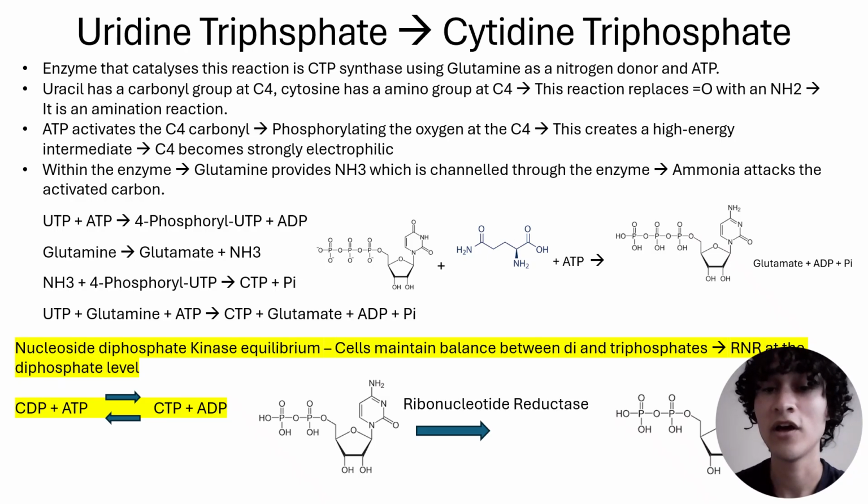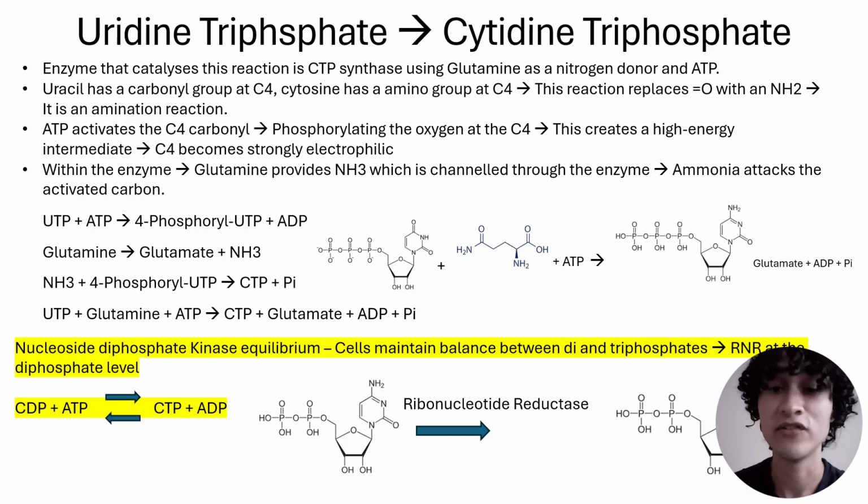allows ribonucleotide reductase to work at that diphosphate level, because obviously if you've got your cytidine triphosphate and then you've got your adenosine diphosphate, nucleoside diphosphate kinase will transfer the gamma phosphate on the cytidine triphosphate to the beta phosphate on the adenosine diphosphate, forming that phosphate anhydride bond, giving you adenosine triphosphate and cytidine diphosphate.